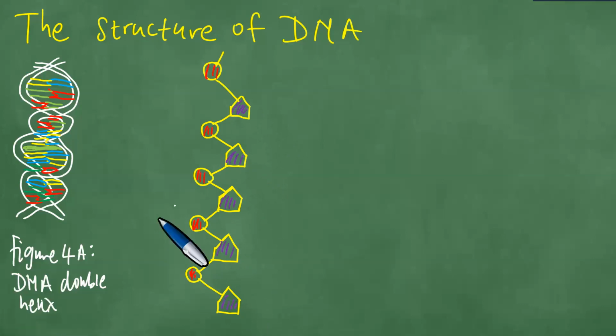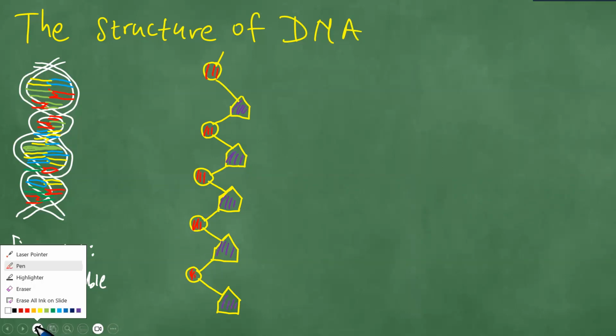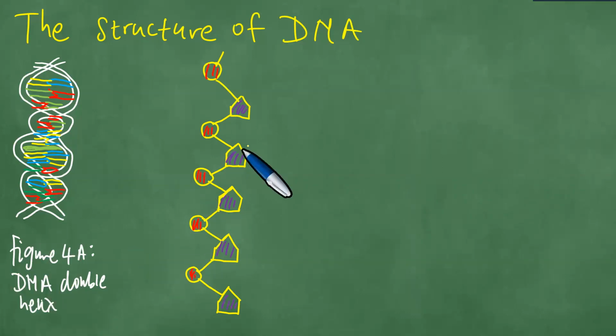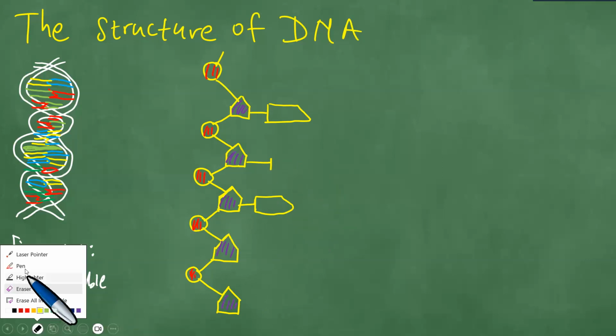And then here you would have a bond like this, and this is like an arrow. These must just be identical.